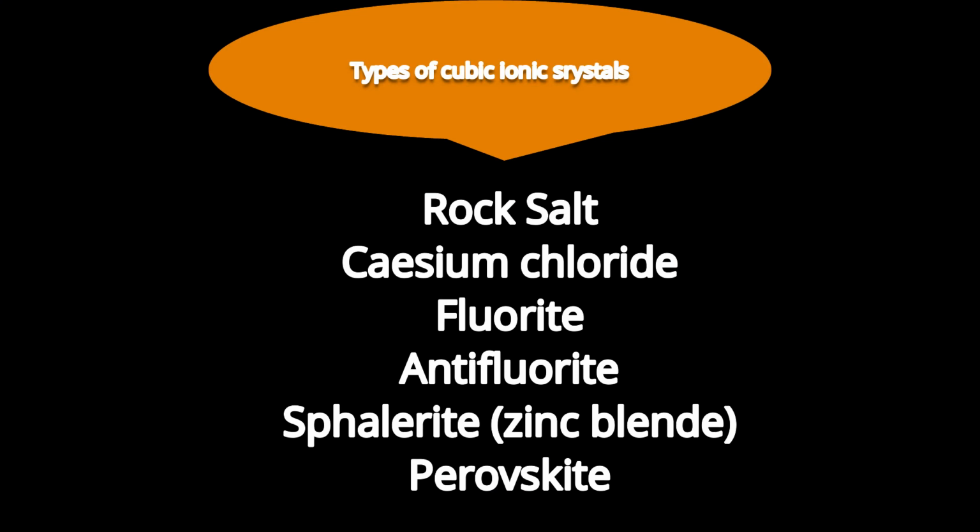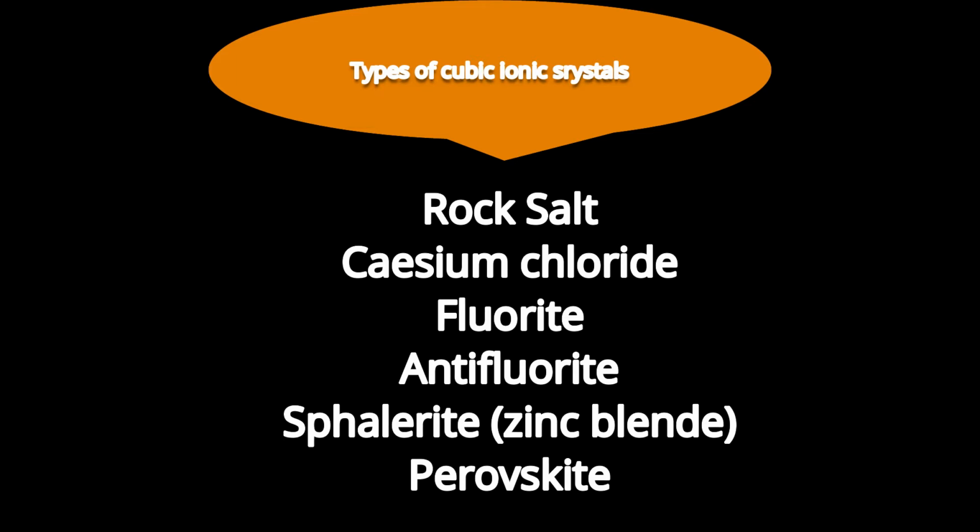Let us begin our study to know the actual structures of these ionic crystals, especially cubic ionic crystals. I already told you there are six types of cubic ionic crystals. Number one, rock salt.